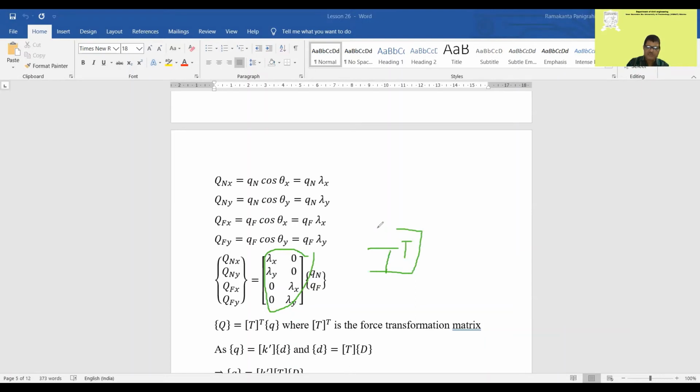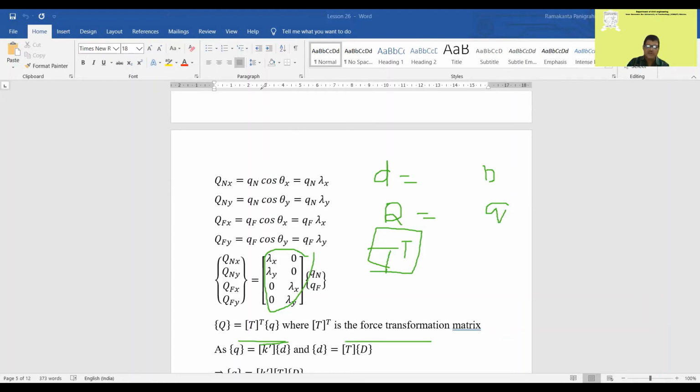Same thing, lambda x, cos theta x, lambda y, like that. That was small d related with the capital D. Now here capital Q is related with the small q: Q equals T transpose q, the force transformation.